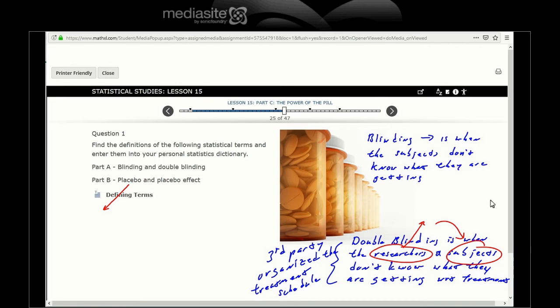Placebo, that's just a treatment that looks, tastes, and feels like the treatment.